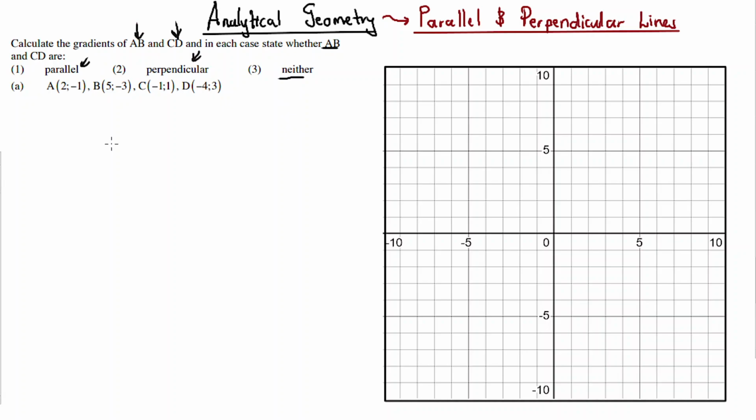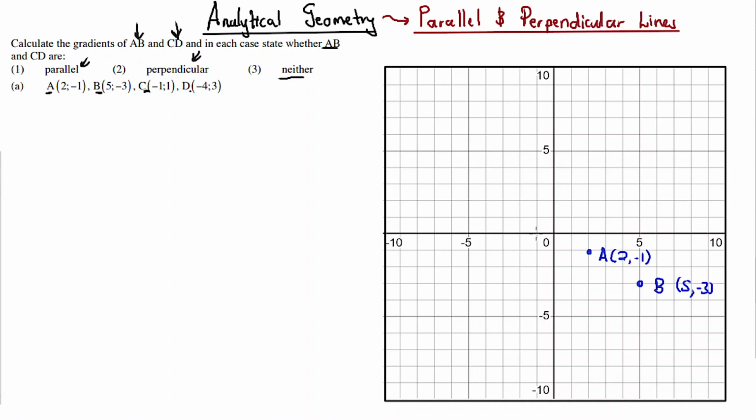Let me plot all these points. A is 2 and -1. B is 5 and -3.